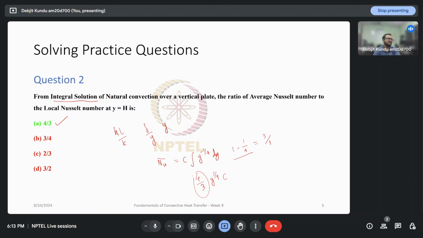So this is the ratio between the average Nusselt number to the local Nusselt number at y equal to h.